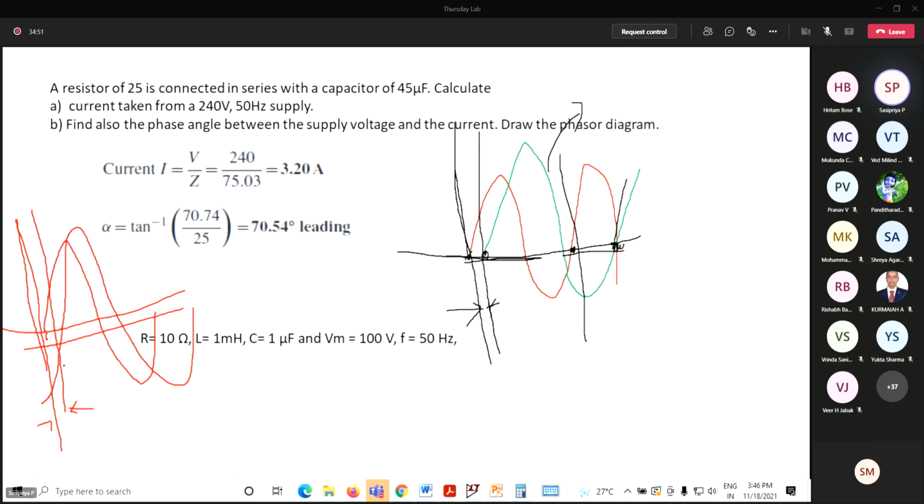This is the 0 point and this is the 0 point. That's how I got it in the plotted waveform. Somehow the ground point was not aligned for the previous simulation. So this is the zero crossing point and this is the zero crossing point.